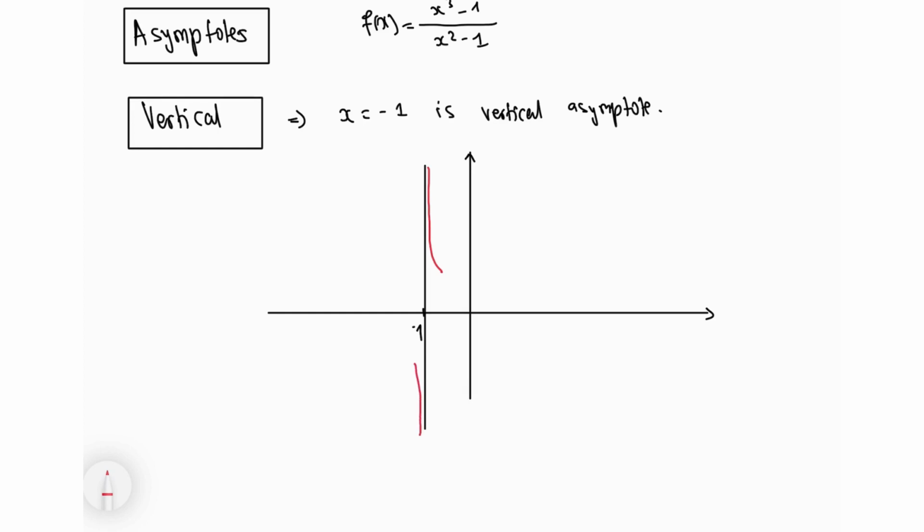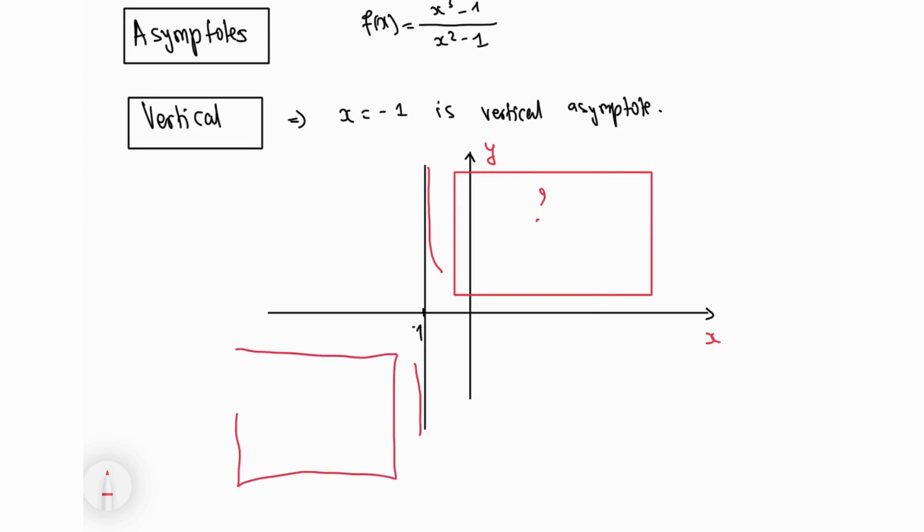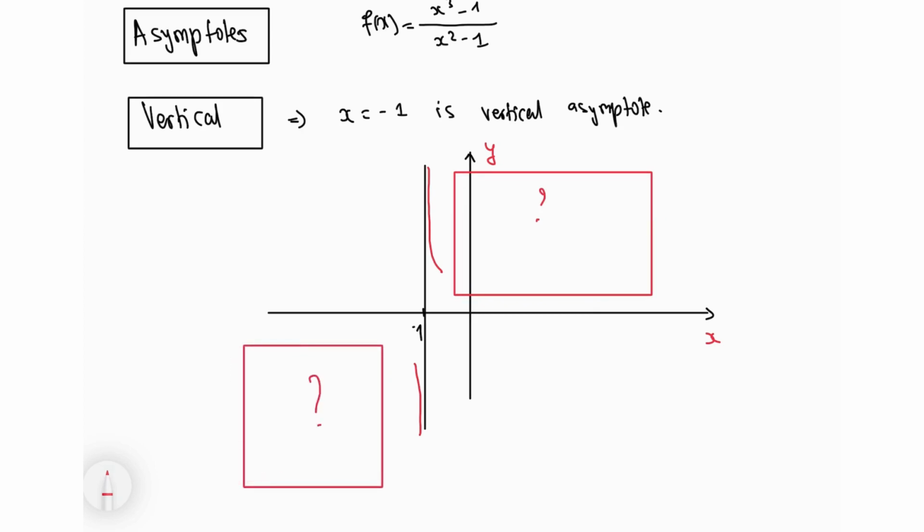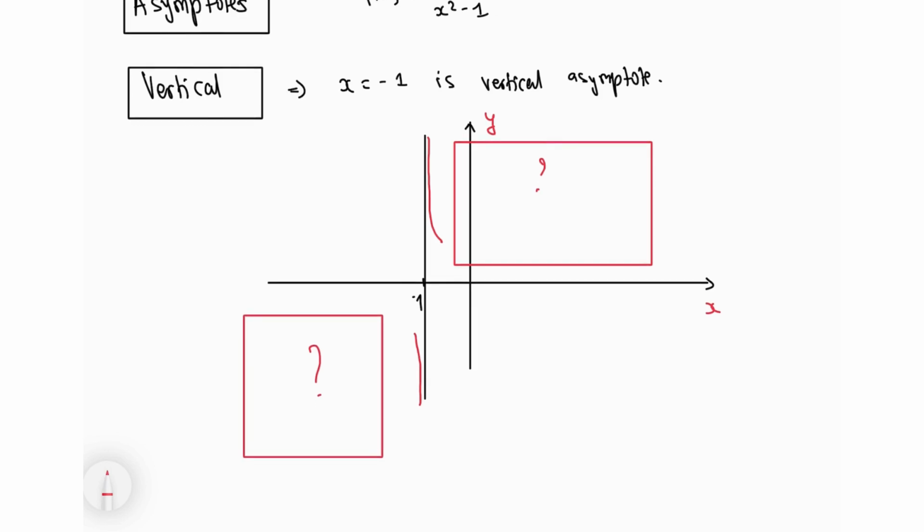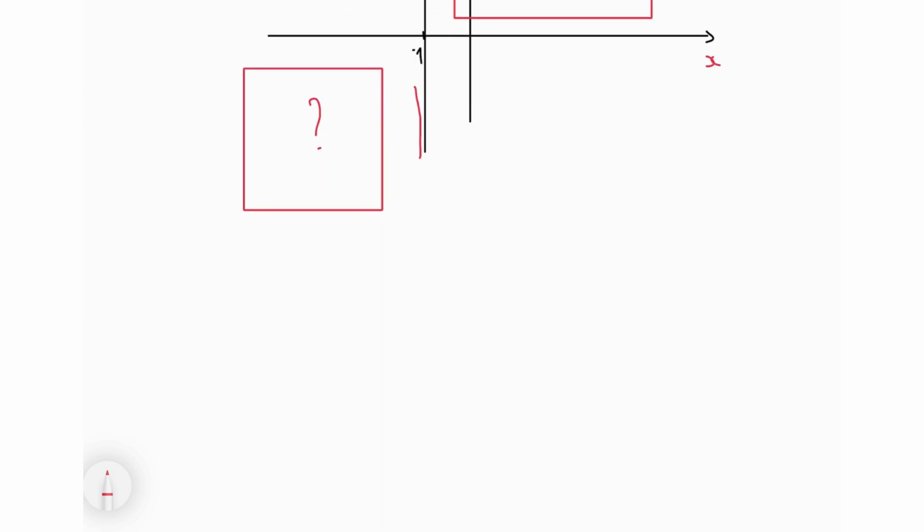So we need to figure out what happens now for positive x. What happens with the function here, and what happens with the function on this side? So how does it look? For that reason, we can use the so-called oblique asymptotes.